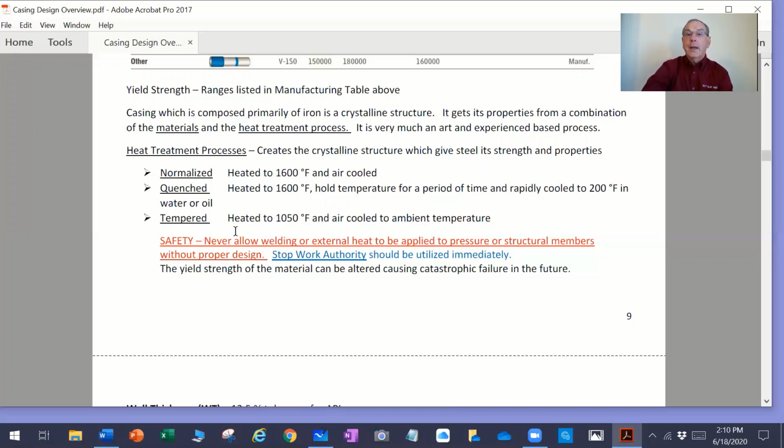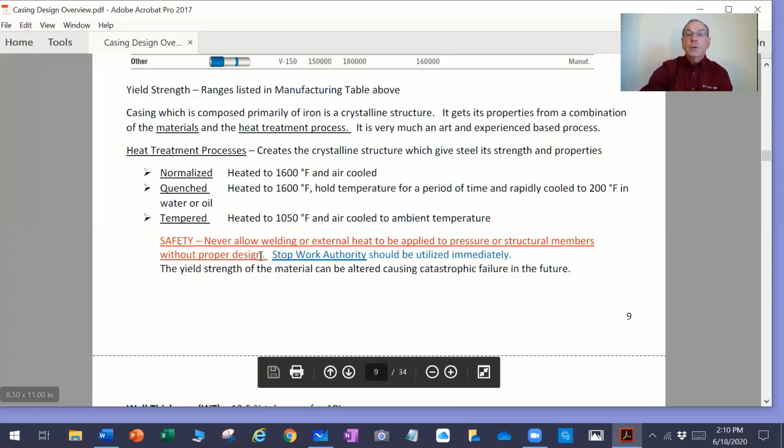The derrick leg may be built out of high strength steel. If the mud engineer walked over to you and wants you to weld a bolt on the side of the derrick leg, in order to hook his handle for something that just makes it handy for him, you don't do that, because you could change the properties of that steel.